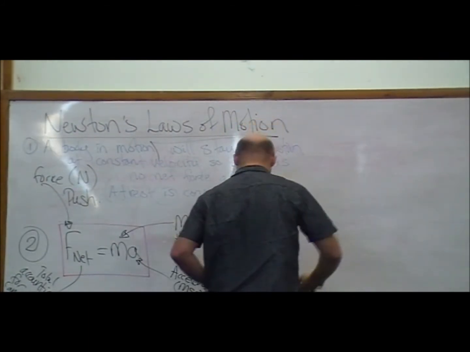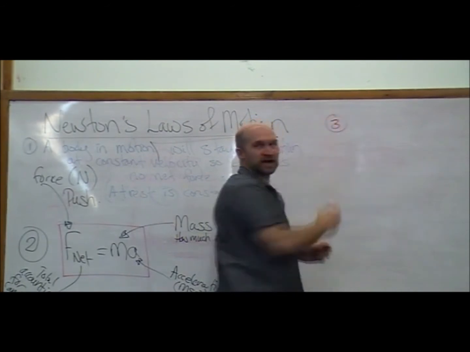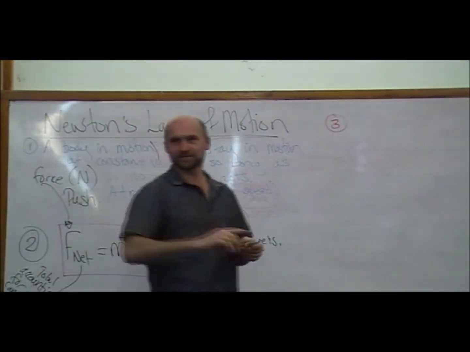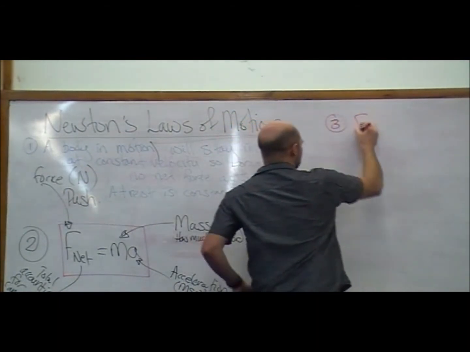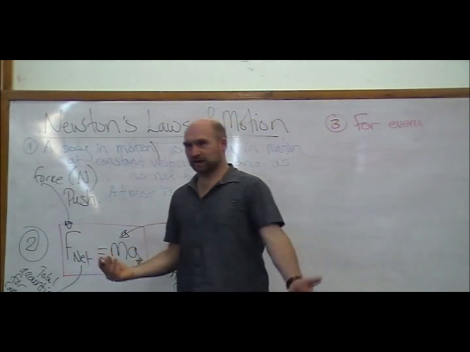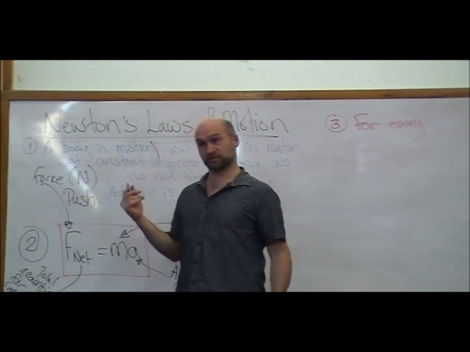Got the third one on lockdown. This is the easiest, it's the one that everyone knows off by heart, but no one quite gets what it means. Every action has an equal and opposite reaction. When Newton said that thing about action and reaction, they hadn't come up with force as a word.